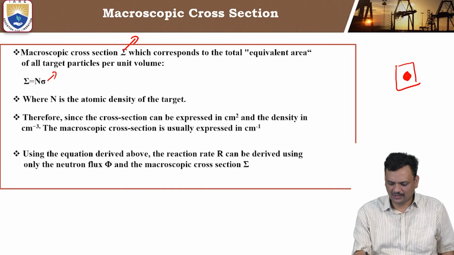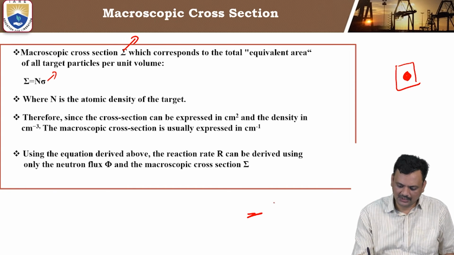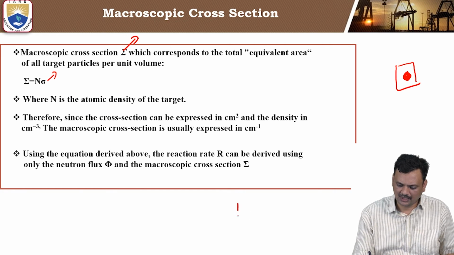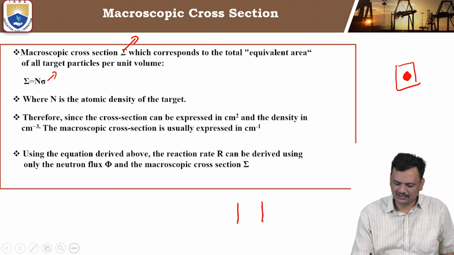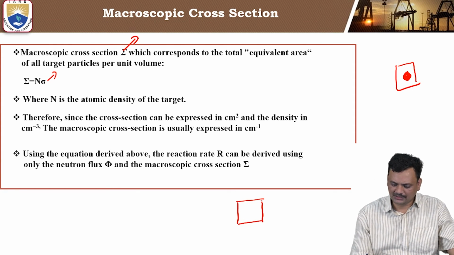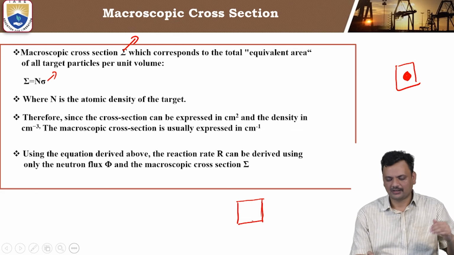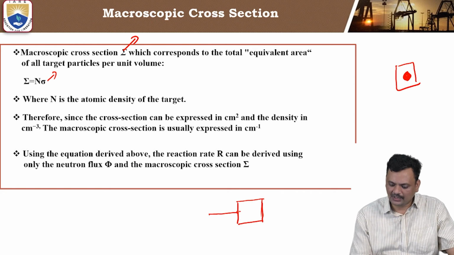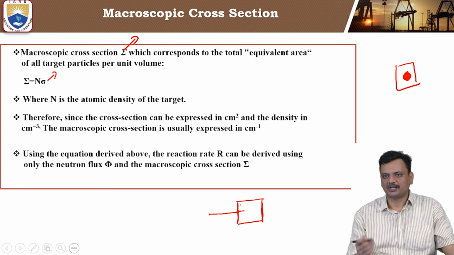Suppose I give one example by a pictorial diagram. Suppose this is the region where the nuclear cross section is there, and your incident neutron has reached here. Then after entering this region, it will definitely go for some nuclear reaction.